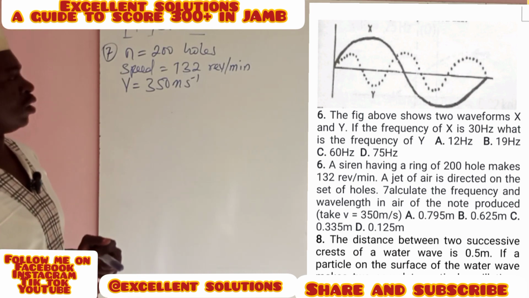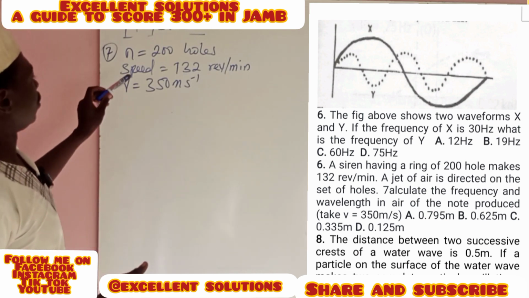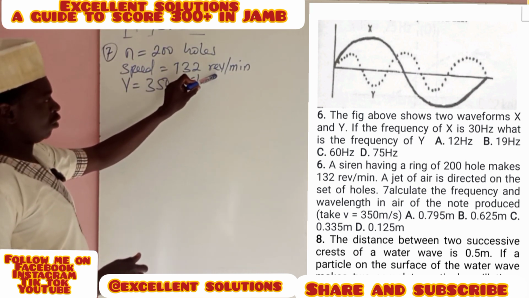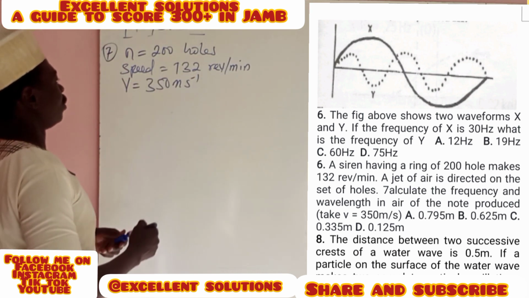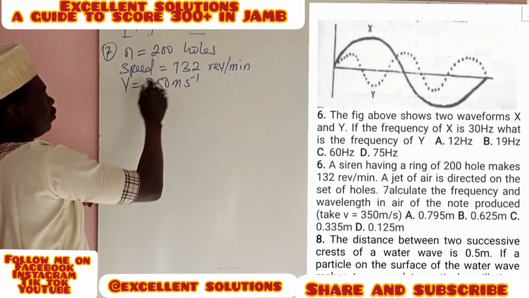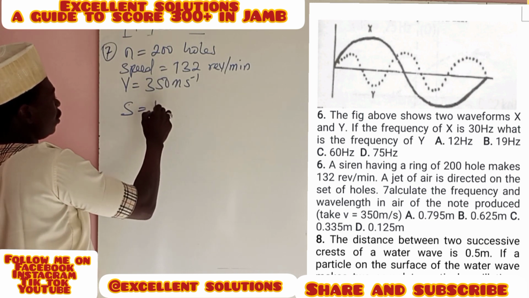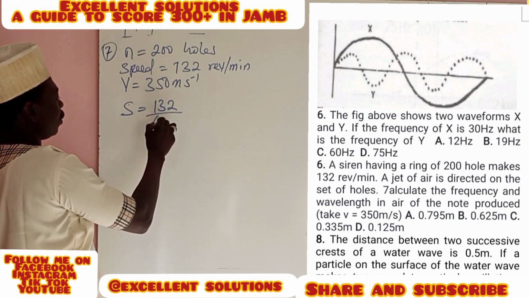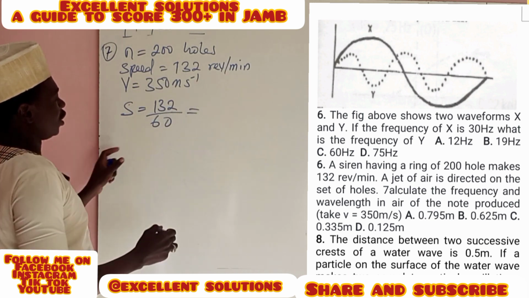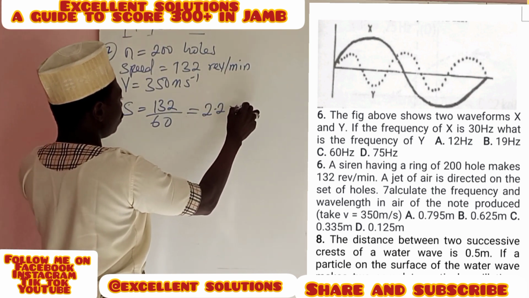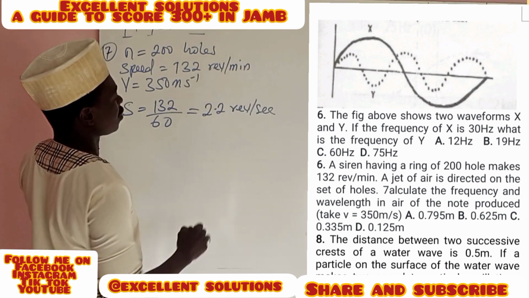The first thing to notice is that the speed is given as 132 revolutions per minute, so we convert it into revolutions per second. S equals 132 upon 60, which gives us 2.2 revolutions per second.